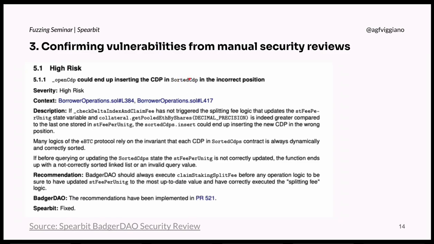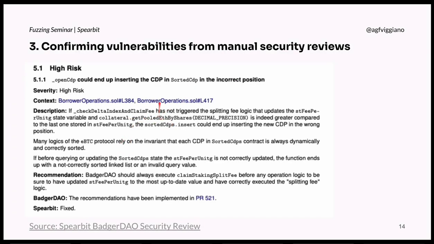And this is very important because if the list is unsorted, then wrong CDPs can get liquidated. Not necessarily the riskiest CDPs can get liquidated depending on how you call the system, or maybe the healthiest, not the unhealthiest CDPs can get redeemed against. So it's very important that the sorted CDP linked list is in the correct position.